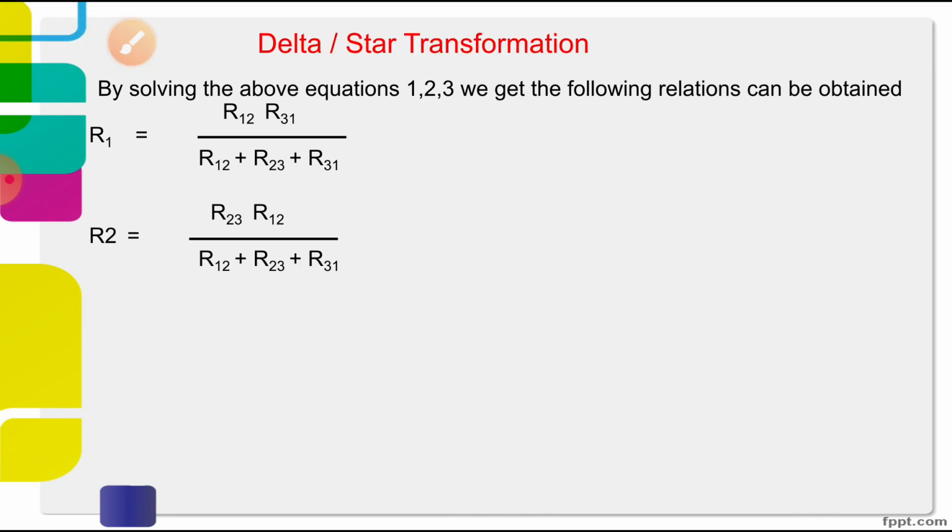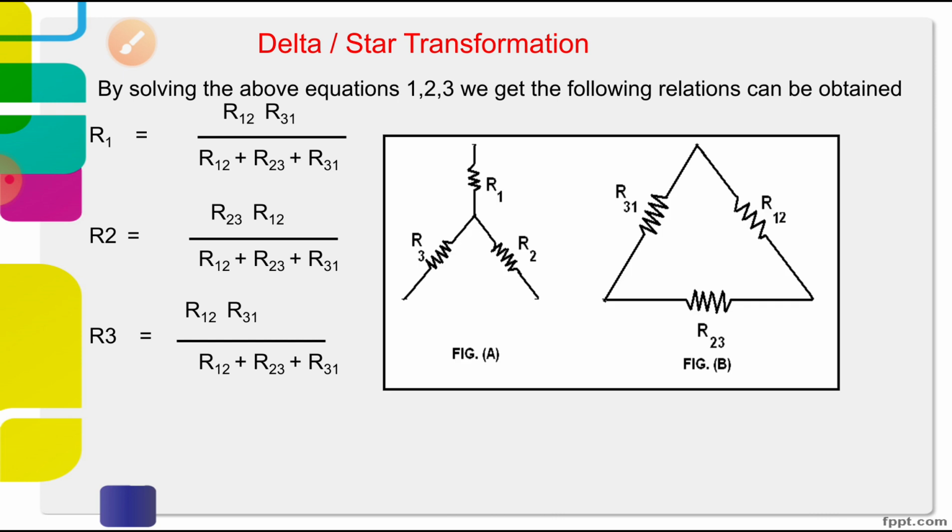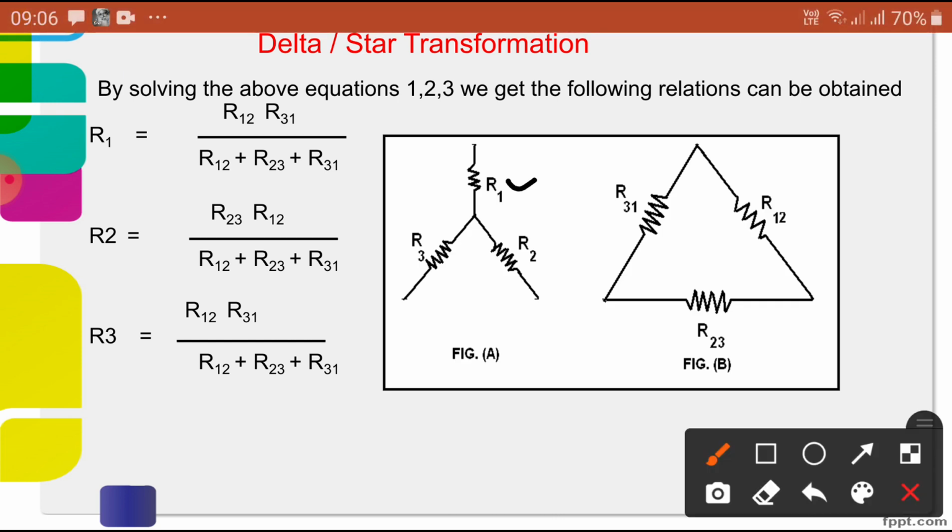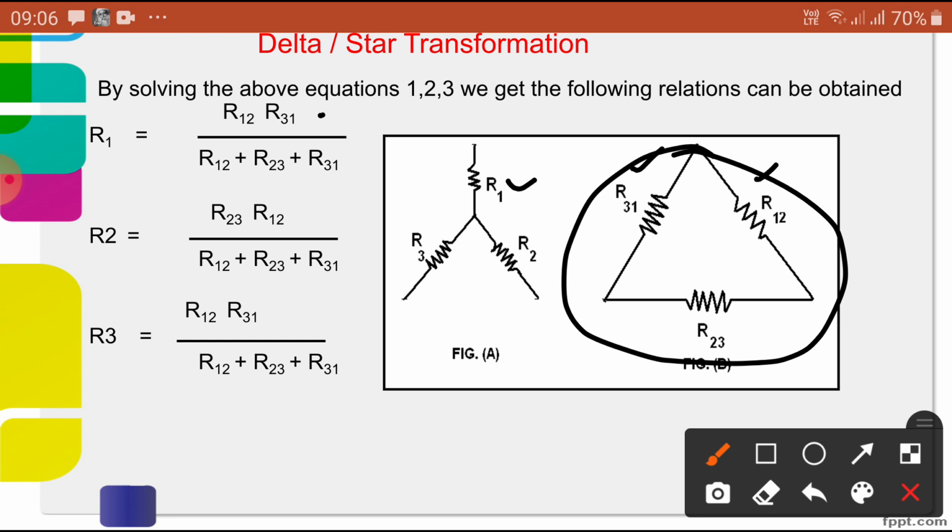Now R23, this is the adjacent value by this value, and R3 we are going to get this value. So you can simply understand R12, this value is equal to this value into this value by the total value. You can see this value into this value.